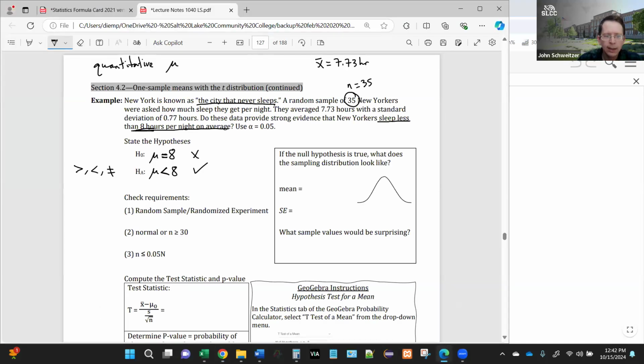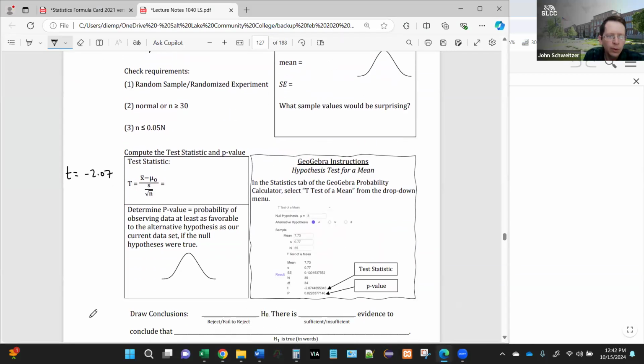So let's write down those two numbers. The test statistic is t equals negative 2.07, and the p-value, just coming from the software, is 0.0228.